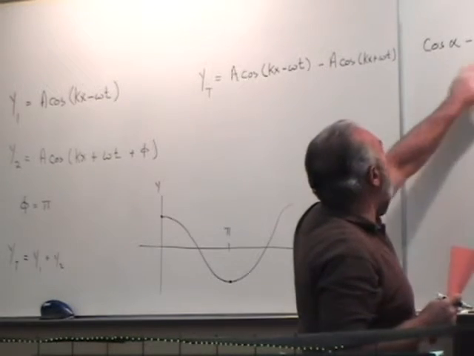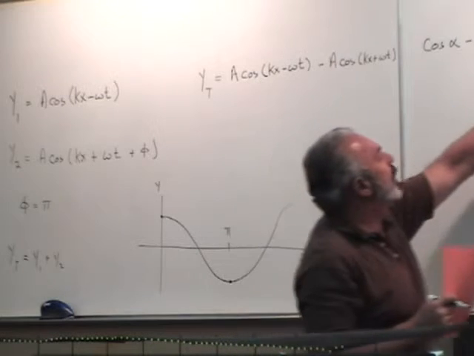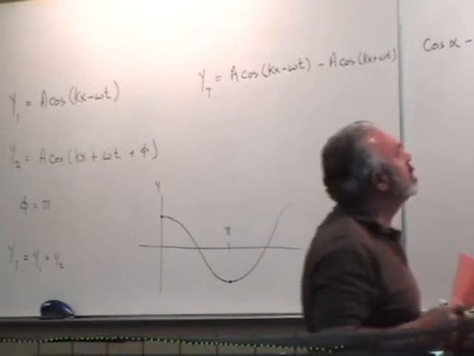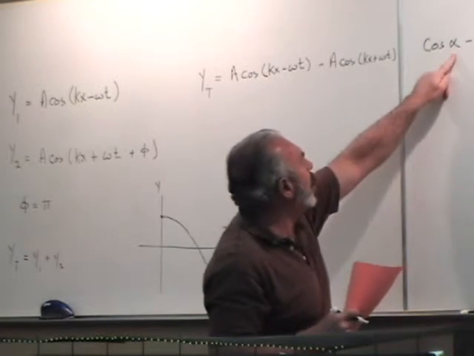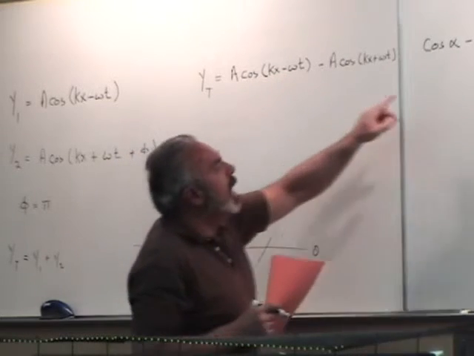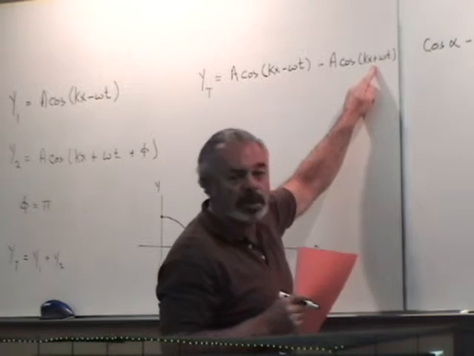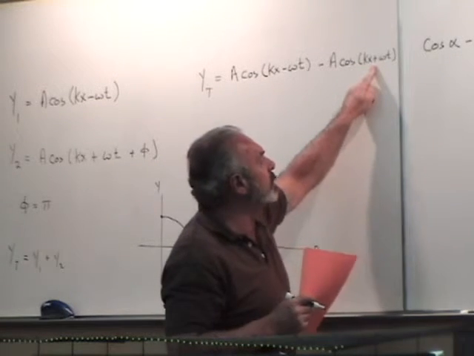So what was a difference between 2 cosine terms turns into a product of 2 sine terms, and of course our alpha is this argument with the negative sign, and our beta is essentially the same argument except with this positive sign. That's all there is to it.